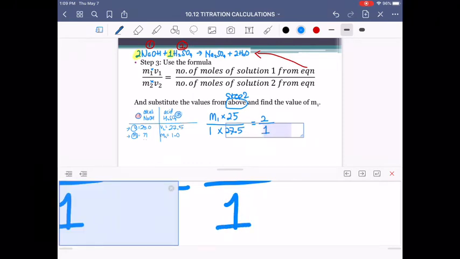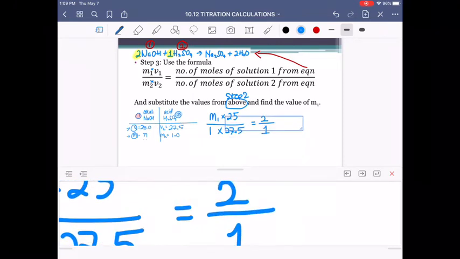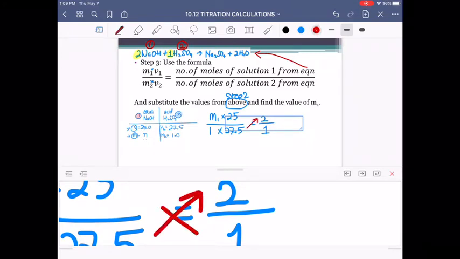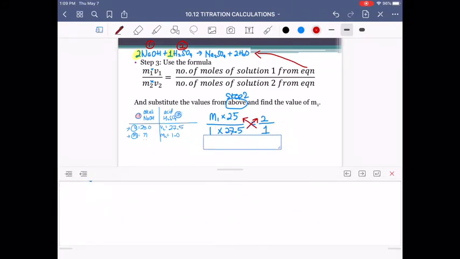So next what you need to do is just cross multiply and do your maths.